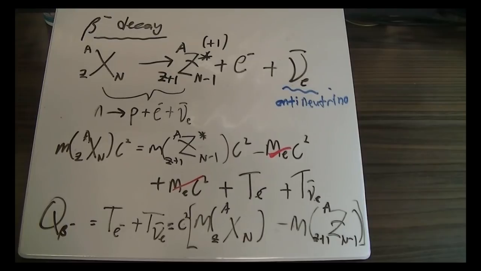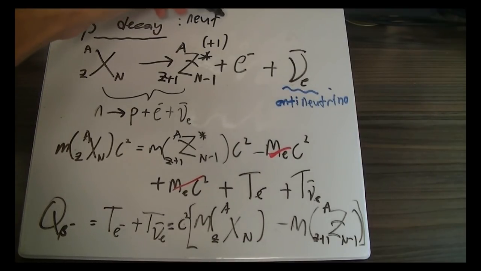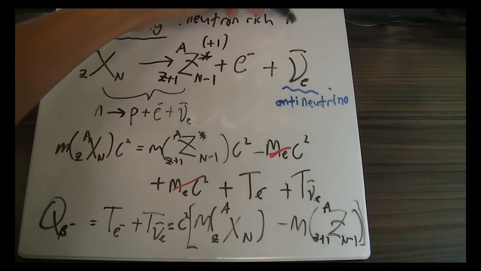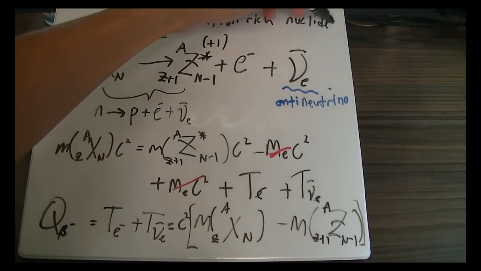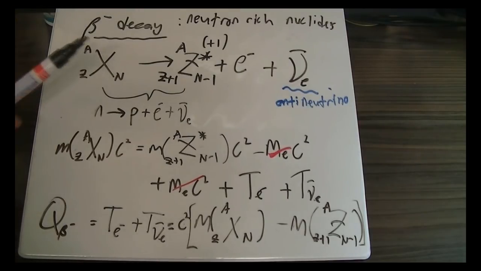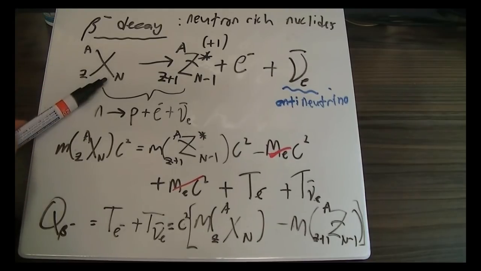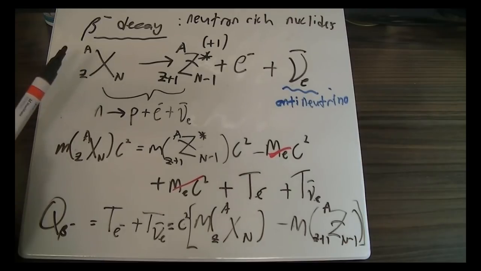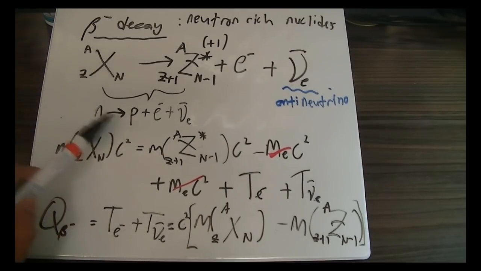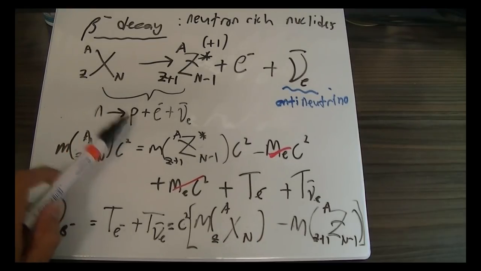Please note that the beta minus decay occurs at neutron rich nuclides. Because the number of neutrons is so large, the number has to be reduced. The way to reduce it is by changing a neutron to a proton.